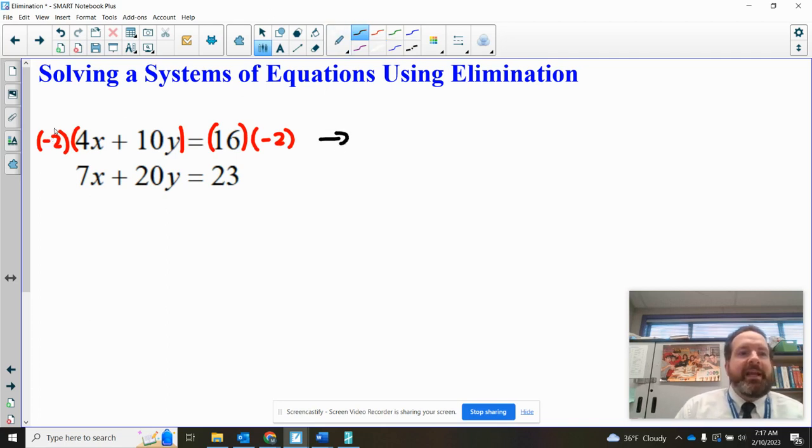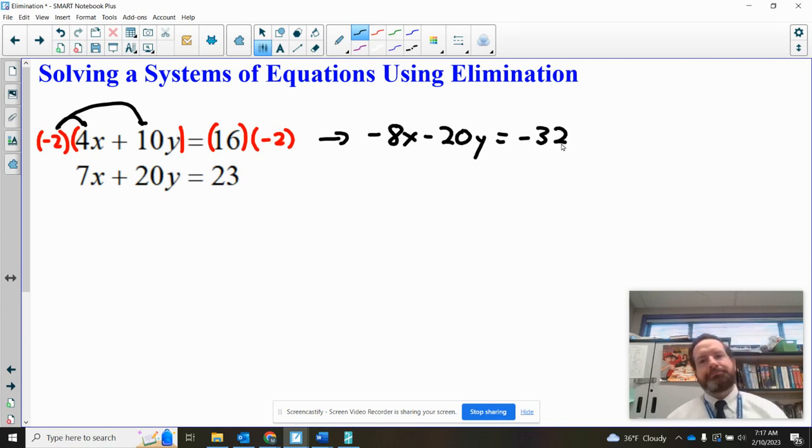If I take the -2 and distribute it through these parentheses, -2 times 4x, that's -8x. -2 times 10y, well, that's -20y, equals -2 times 16, that's -32. Just for now, I'm going to leave this bottom equation all alone, not change a thing.